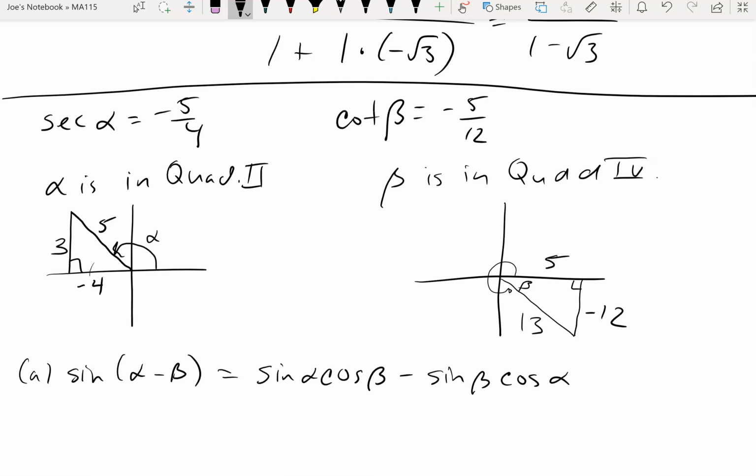Now I look back over my triangle. Can I figure out the sine of alpha from the triangle? It's 3 over 5. And can I figure out the cosine of beta from the triangle? And that one's 5 over 13.